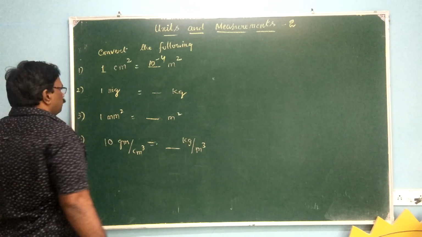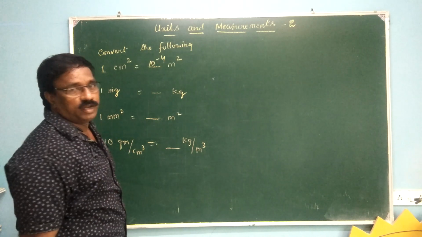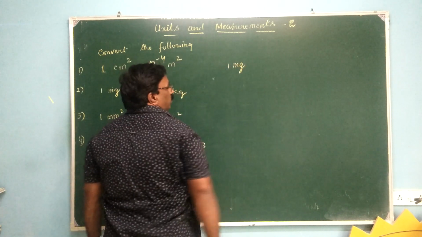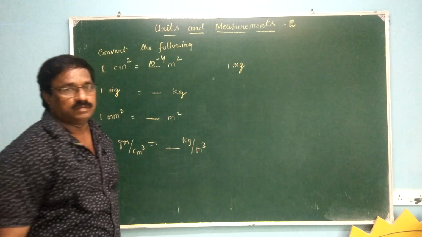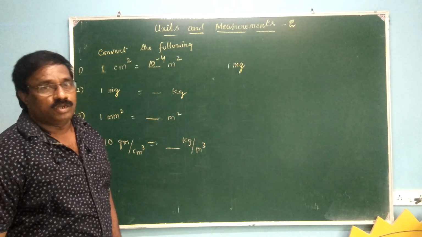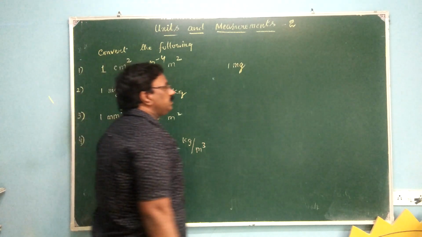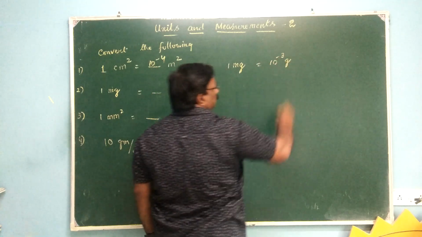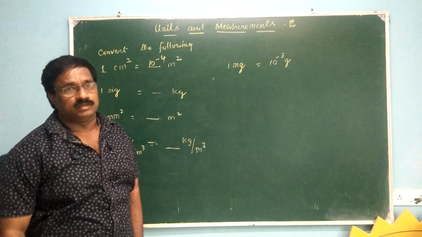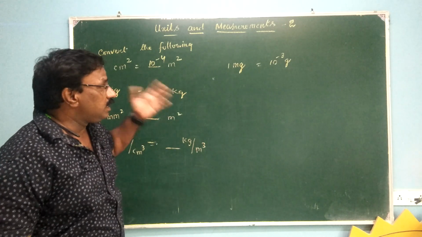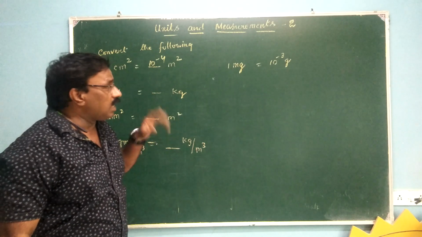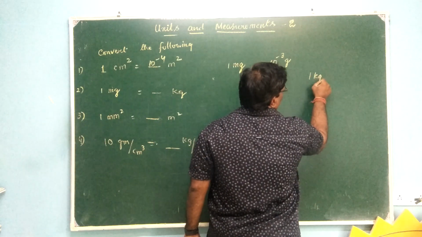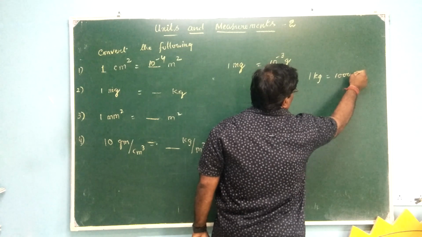Next, 1 milligram, small m stands for milli, into kilograms. You want to convert this into kilograms. So milli means we can write it as 10 power minus 3 grams. But I want to represent that in kilogram. So I want to convert gram into kilogram. I know 1 kg equals 1000 gram.